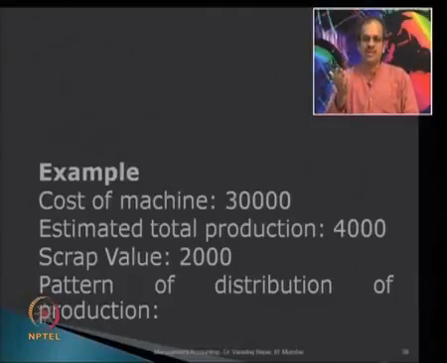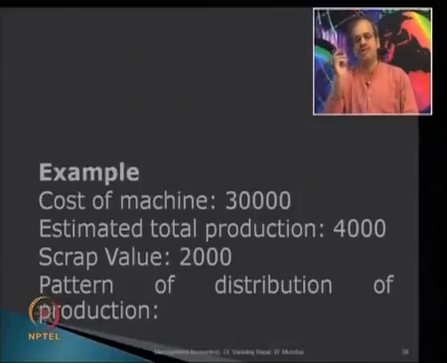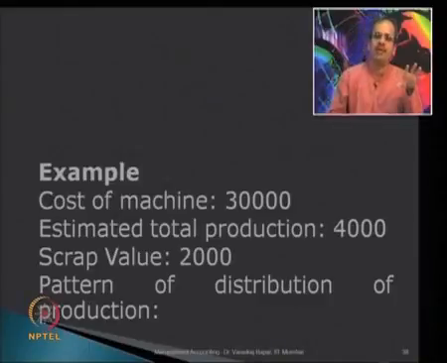Now, the cost of the machine is, let us say, 30,000. The machine is likely to give a production of 4,000 during its useful life and the scrap value is 2,000. Now, looking at this data, can you calculate the estimated depreciation per unit? Can you calculate how much is the depreciable amount?